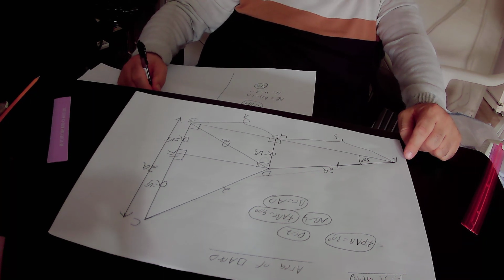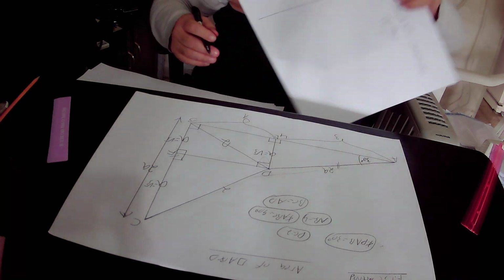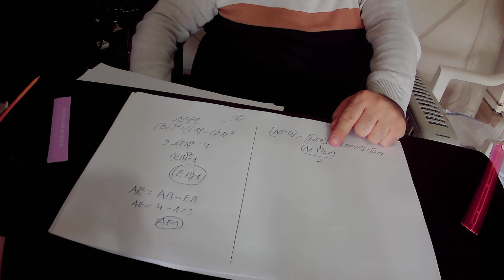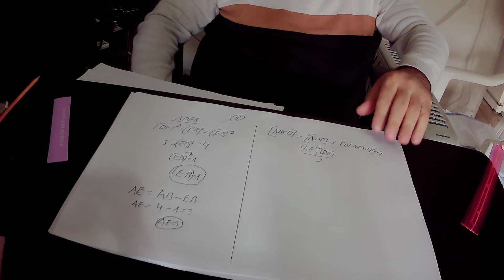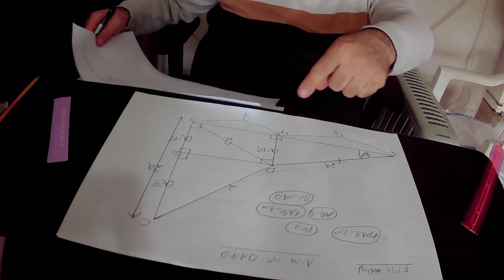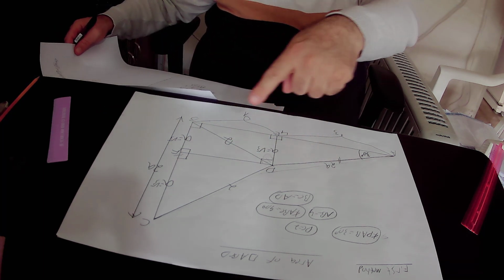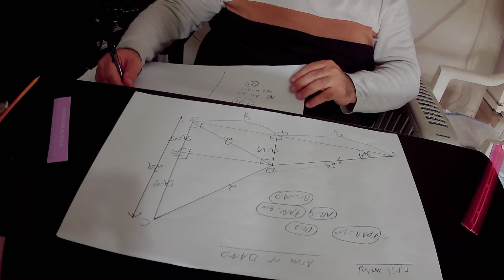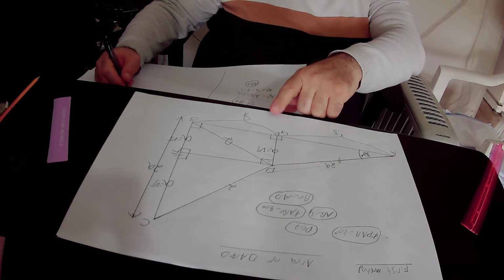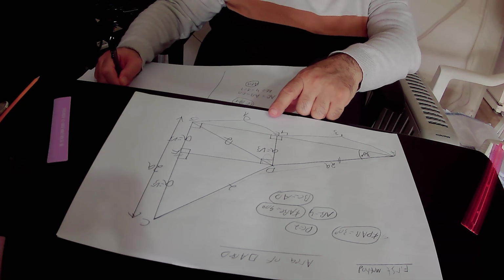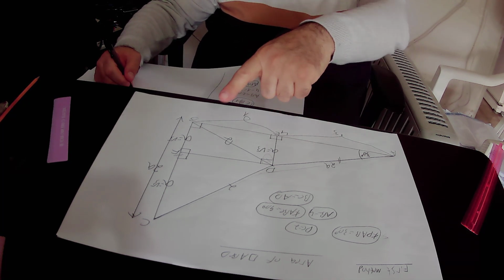I repeat again, the area of triangle ADE equals AE times DE over 2. The area of rectangle DFBE equals EB times BF.